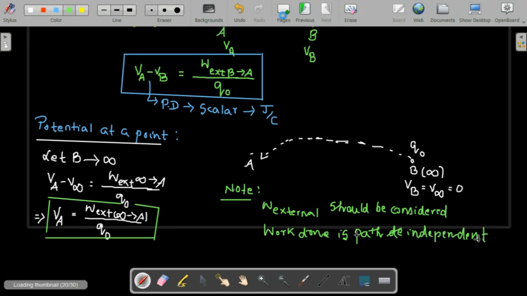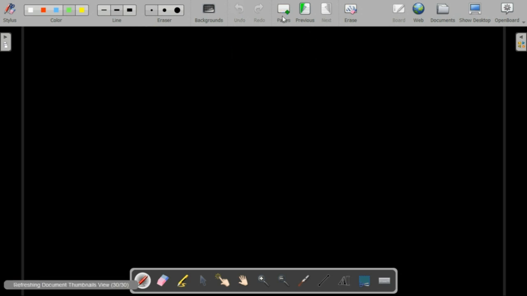Now let's see the formula for potential due to a point charge. So this is the work done definition we have seen and we are going to use it. So our next topic is electric potential.